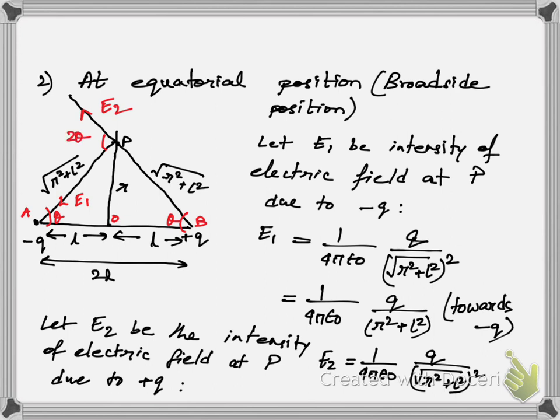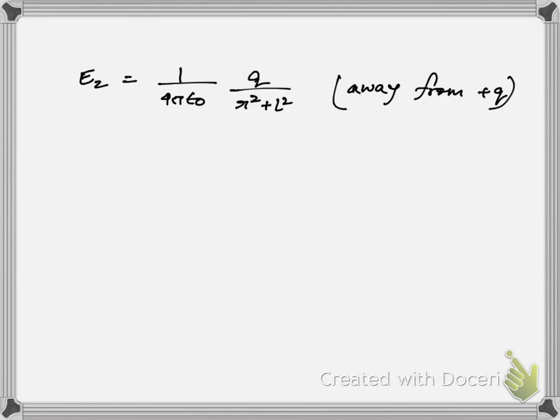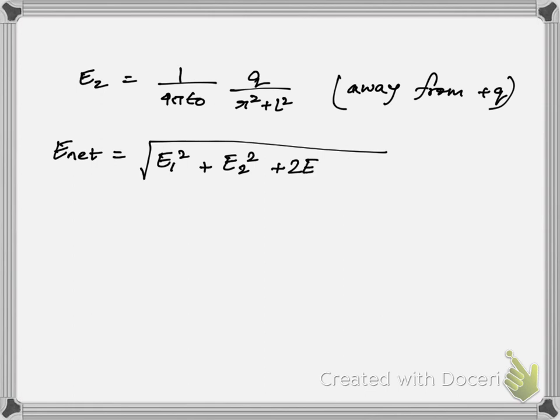So here at the point P, there are two vectors E1 and E2, separated by an angle of 2 theta. The resultant intensity of electric field here will be given by the triangular law of vector addition, which is equal to E1 square plus E2 square plus 2E1E2 cos of 2 theta.